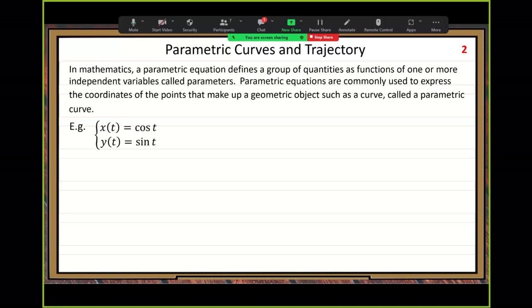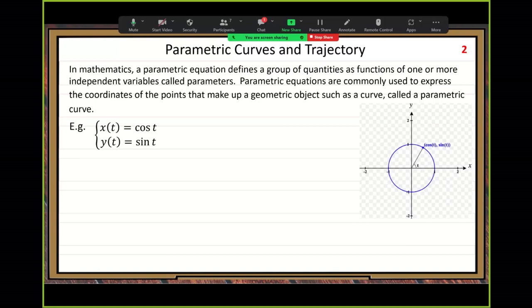Look at this example. x of t equals cosine of t, y of t equals sine of t. It's a parametric curve. The shape is a circle. We have many different ways to write a circle. This is the parametric way to write a circle.